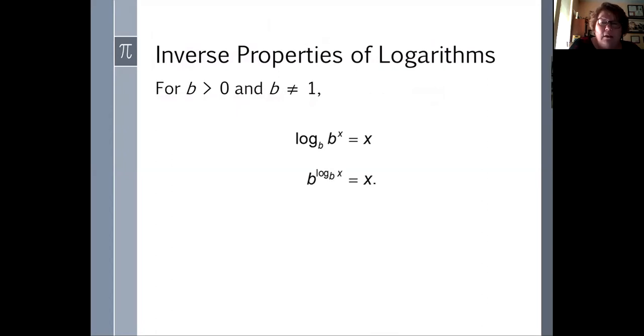Because what is the logarithm equal to? It's equal to the exponent you raise your base to get that value. So what would you raise b to get b to the x? x. The second inverse property is when I raise my base to the log base b of x, I get x.